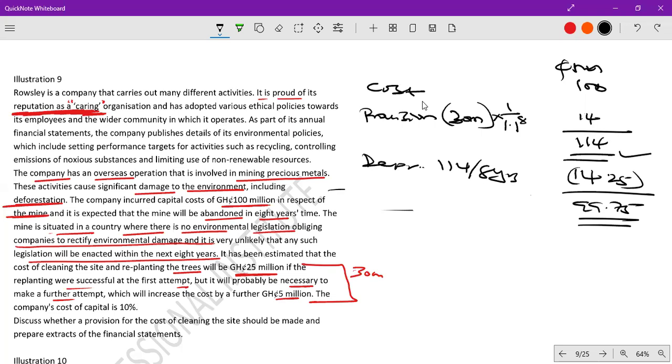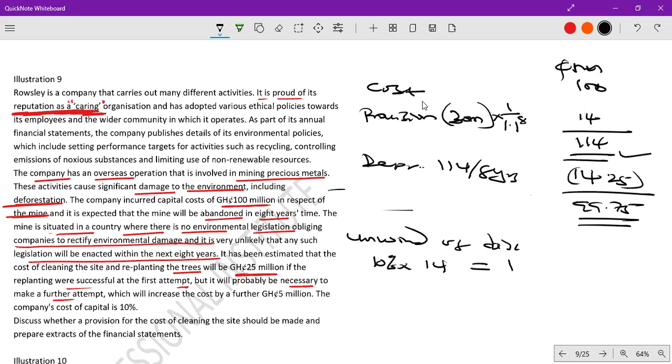Then they said to discuss the reclamation. So what will be the carrying amount of the provision at the end of the first year? We'll do what we call unwinding of discount. This will be 10% times 14, which gives us 1.4.